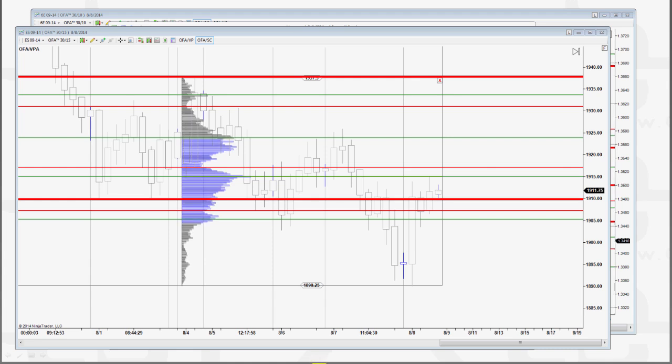I'm working on getting this to work for stocks, and I may need some help with DB to get this in my NinjaTrader charts to get this to work for stocks.